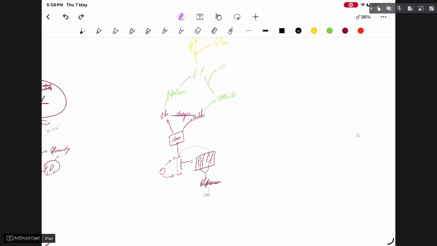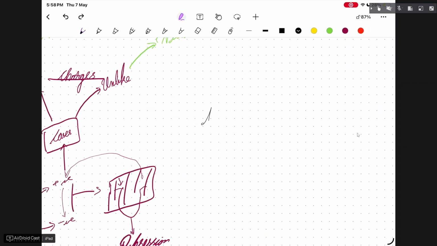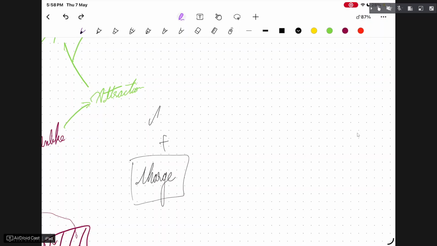Now there are a few properties which are dependent on two things. Charge has two things, we know it: the charge itself is mass.